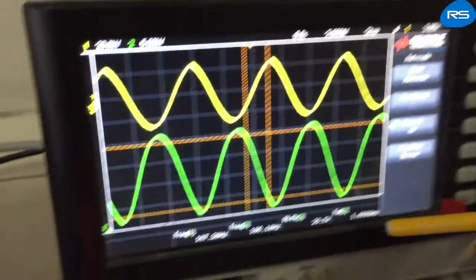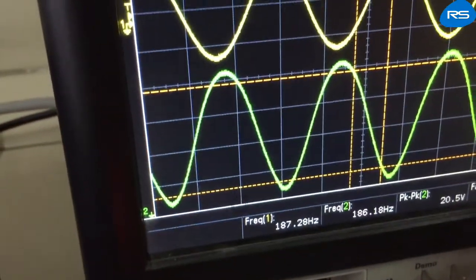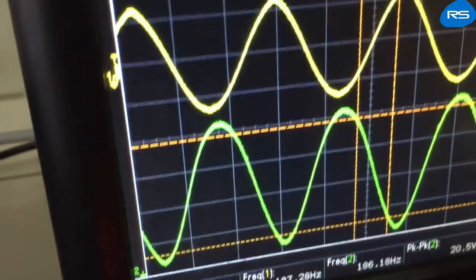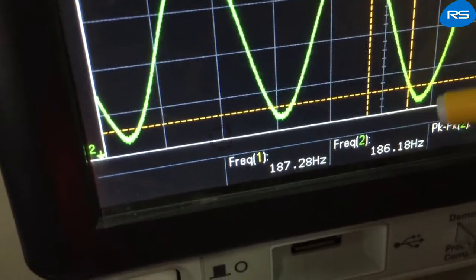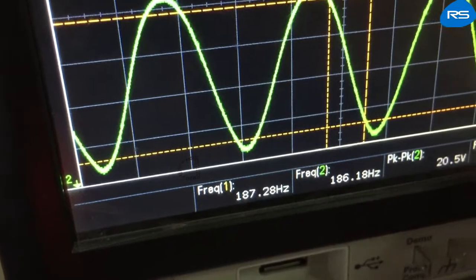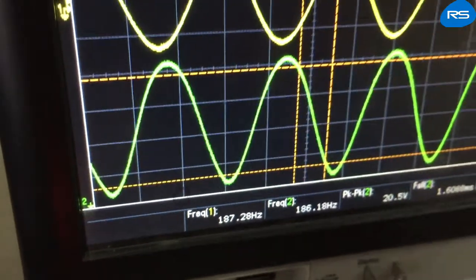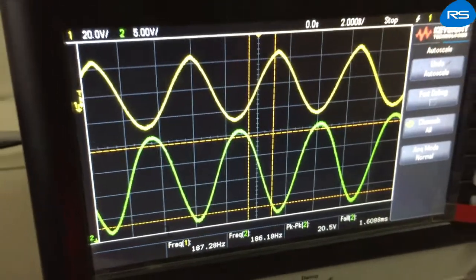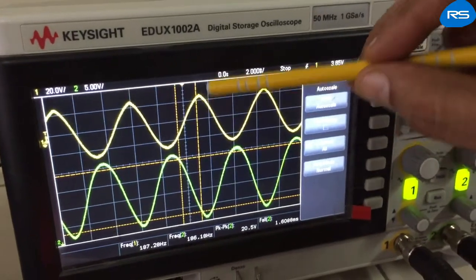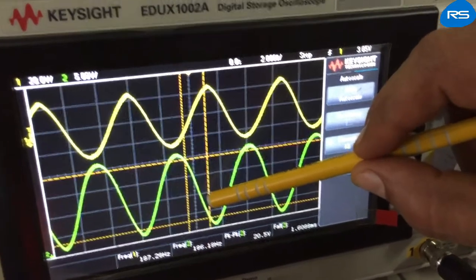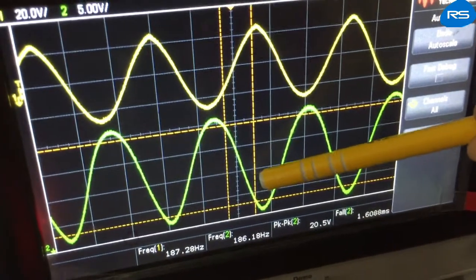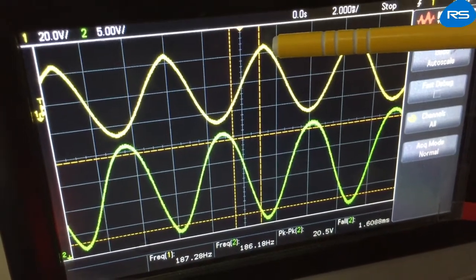You can observe that the frequency of AM demodulated wave is 186.18 Hz, which is very close to the original message signal, and you can observe that the demodulated signal is exact replica of the original message signal.